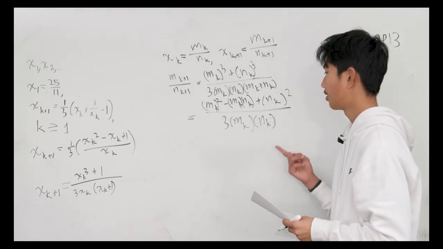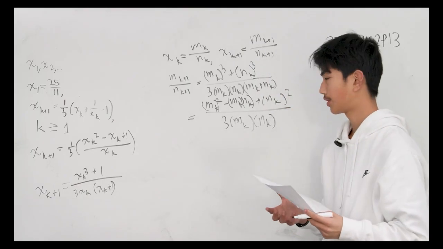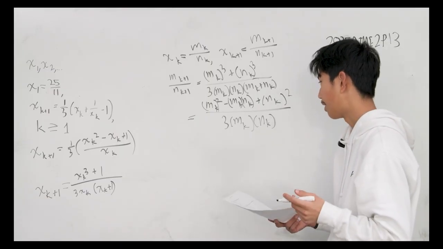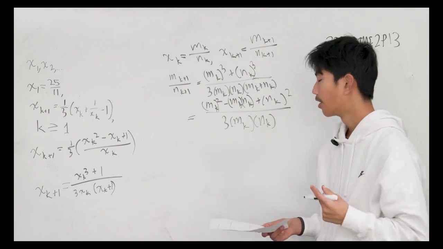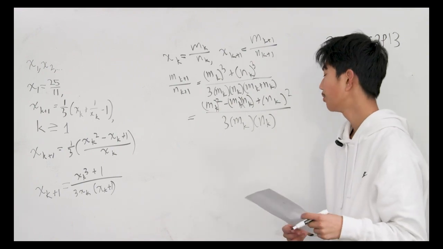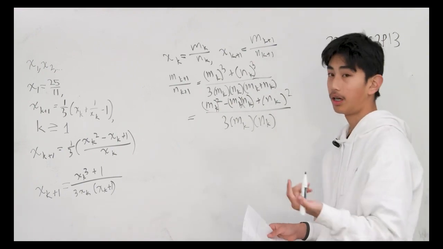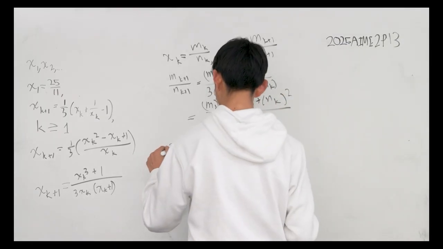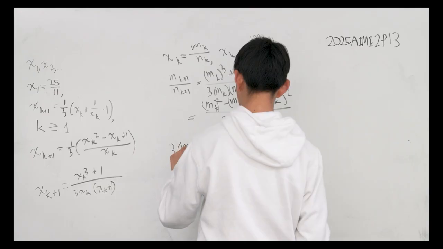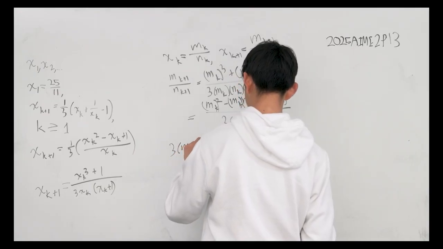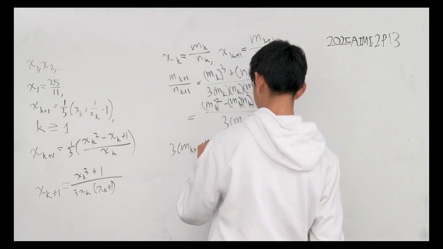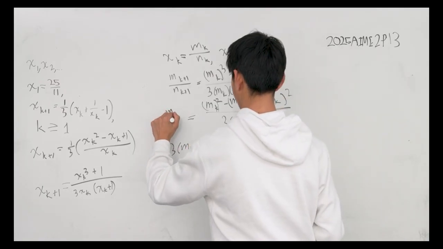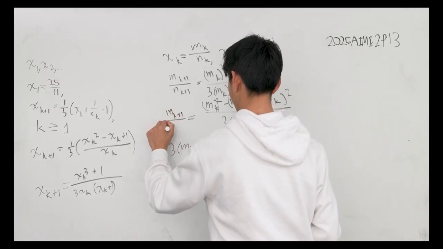So here, this is the point where you realize this can be simplified even more when you just want to sum m and n, the numerator and the denominator. So we want to solve for 3 m sub k plus 1 plus n sub k plus 1 is equal to, I should probably write this here.